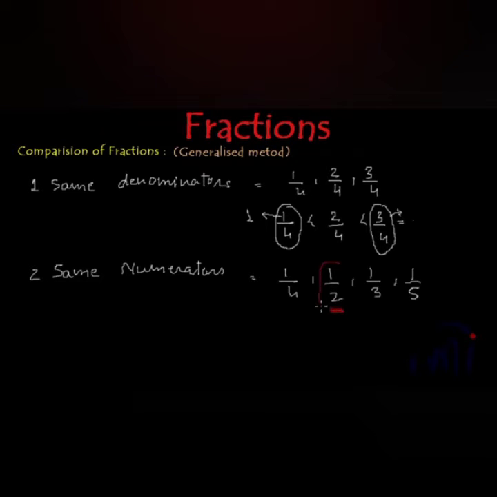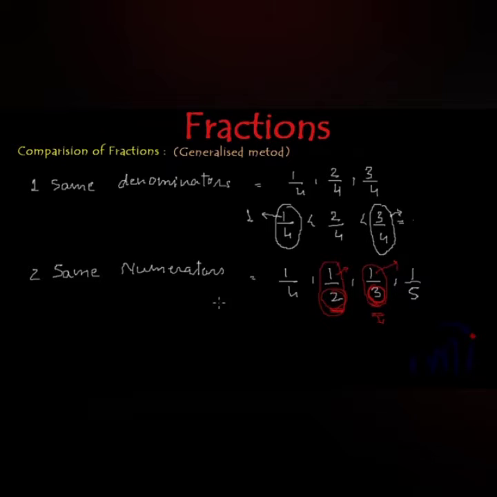Here this fraction is the largest fraction. Why? Because this is talking about one part out of two equal parts. Here we are talking about one part out of three equal parts, right? So since here we have made three equal divisions and here we had made only two equal divisions, in this case each division will be smaller, each portion will be smaller, right?